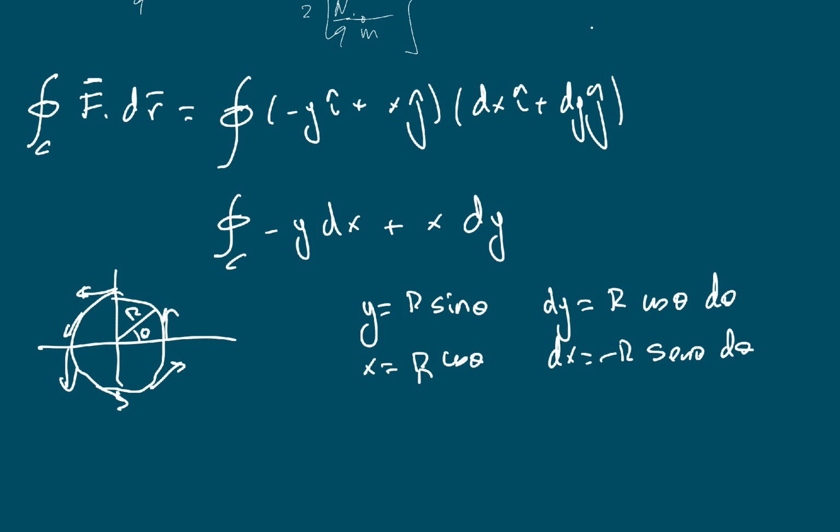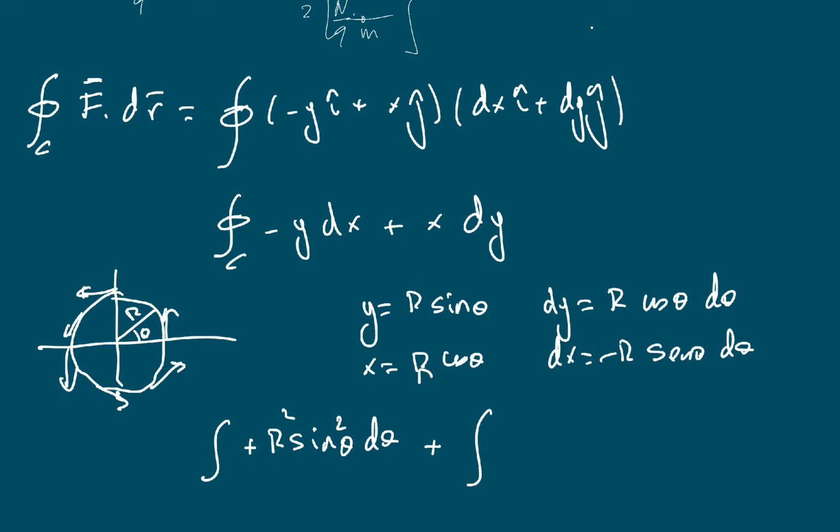So the integral over the curve C, which is a closed curve of radius r, will be the integral of minus y, minus r sine of theta, times dx. Minus will be plus the r squared sine squared d theta, plus the integral of x dy.